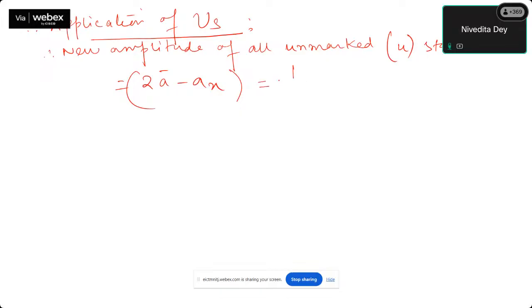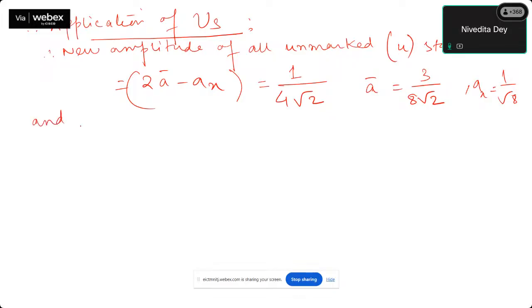Your a bar is 3 by 8 root 2, and the initial amplitude was 1 by root 8 for all of them. So it is 2 into 3 by 8 root 2 minus 1 by root 8, which will be 1 by 4 root 2.